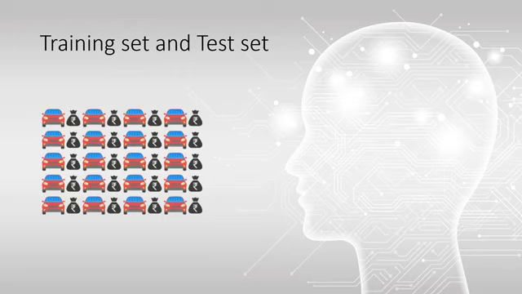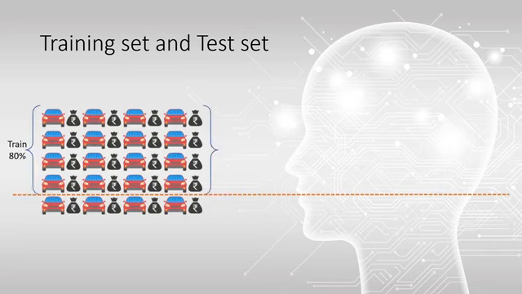Of course, that is not a lot, but for our example, that will be sufficient. Splitting your data implies separating a part of your data out before you do anything with the data. Usually that is about 20% of the data. Since we have 20 cars, that is about 4 cars that we separate out. So 80% will be our training set and the separated 20% will be our test set.